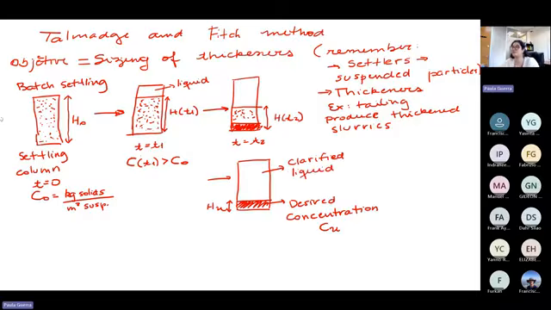So the basis for this process is that, since we're talking about batch settling, the total solid load, by which I mean the overall amount of solids per square meter, is constant.